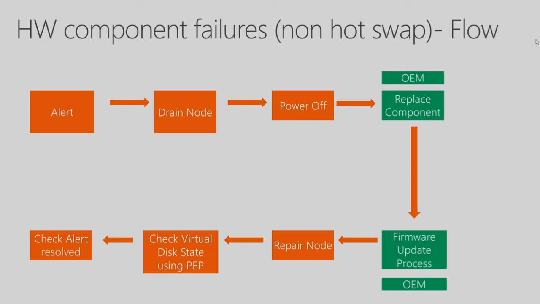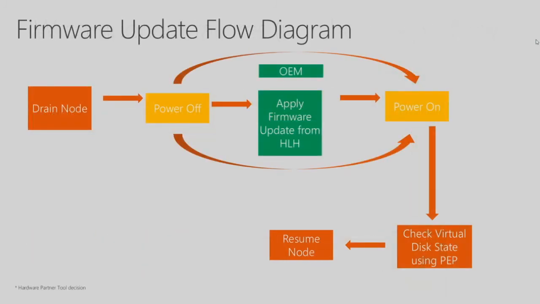Now let's pick on this firmware update process. Again, you drain a node, and then you see it's going to be a continuous cycle to apply firmware updates on components until you hit all the components that require a firmware update. This firmware update is initiated from the hardware lifecycle host.